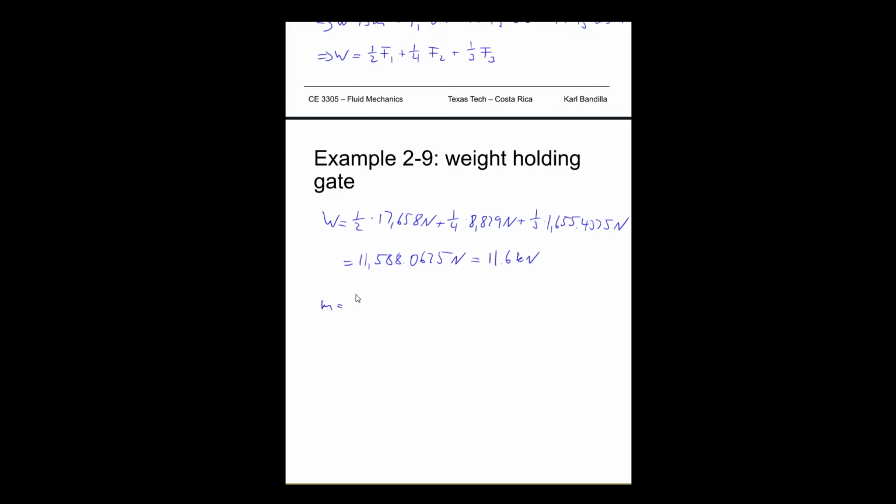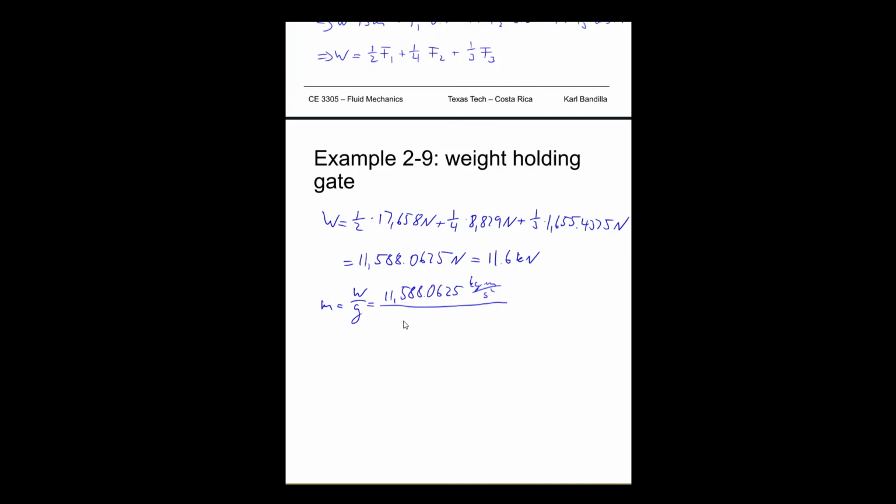Mass is equal to the weight divided by gravity. So it'll be 11,588.0625 newtons. Or let's write that as kilograms times meters over second squared, so we can see how that cancels out.